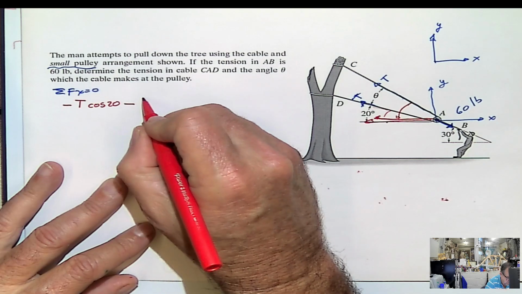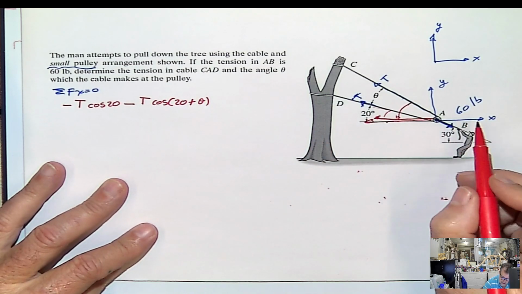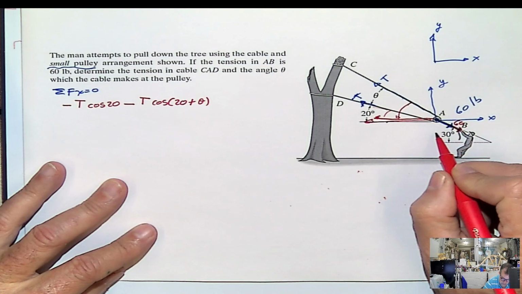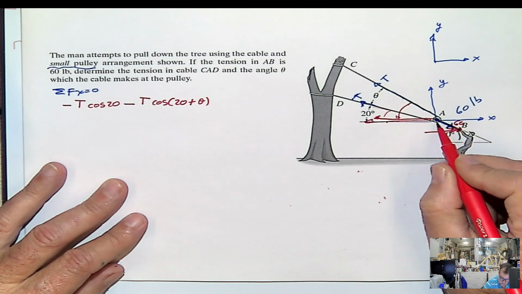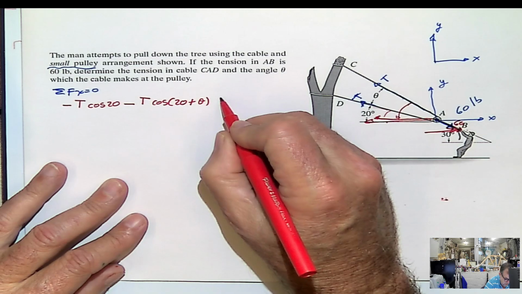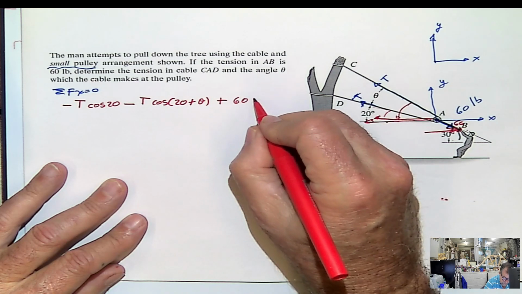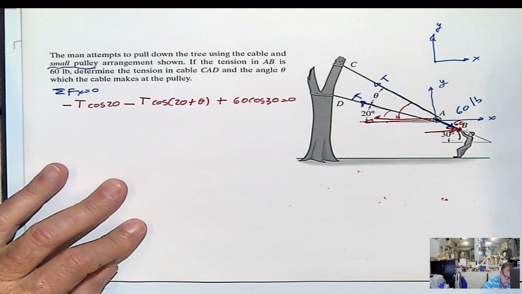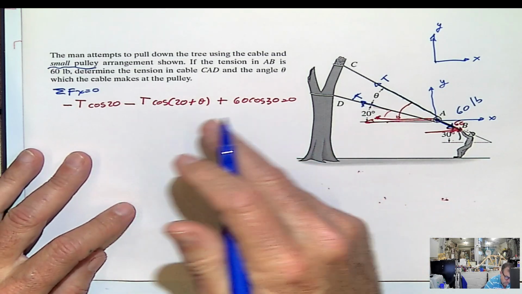So it's going to be minus T cosine of 20 plus theta. And in the X direction, this other force of 60 will be in this direction here. The component will be to the right, so that's going to be plus 60 cosine of 30 equals 0.